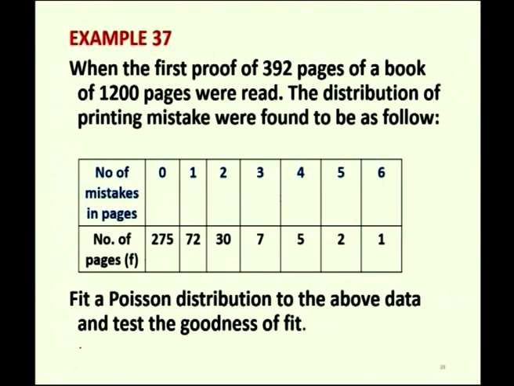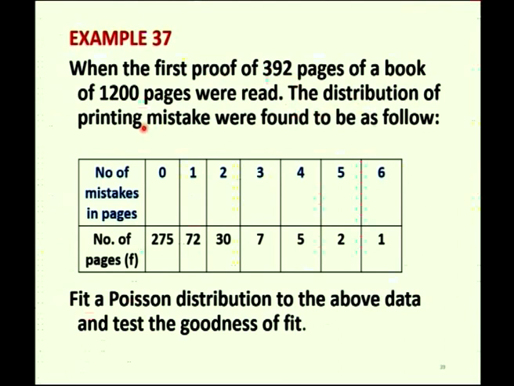Then this particular question is about fitting the Poisson distribution and testing the goodness of fit. So, directly we will get into the question. 392 pages of a book of 1200 pages were read. Out of 1200 pages, the first proof of 392 pages has been done.